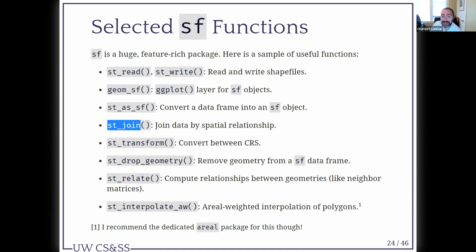st_join joins data by spatial relationships. So you've seen left joins, inner joins, full joins, and all of that in dplyr. What if instead you want to join data geographically? So instead, maybe what you have is a bunch of polygons defining something like states in the US, maybe election precincts or census tracts, and a whole bunch of point data.